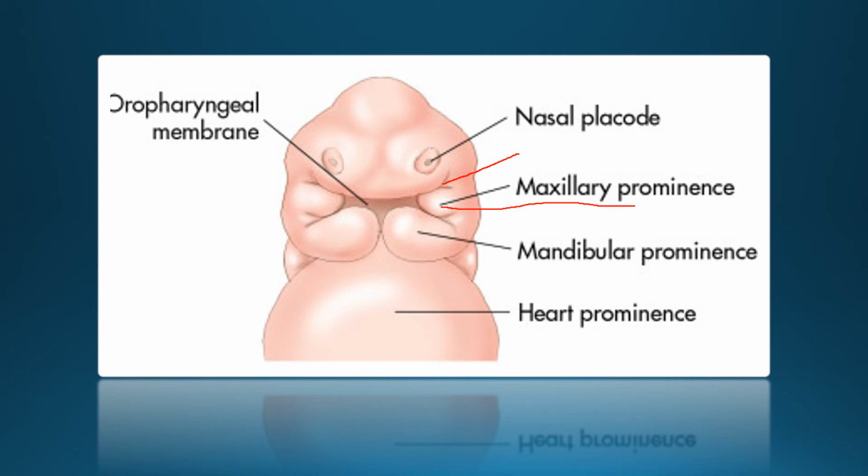What happens is the developing maxillary process joins the frontonasal process only at the superficial part, whereas the deeper part is going to canalize and forms a canalized structure called the nasolacrimal duct.